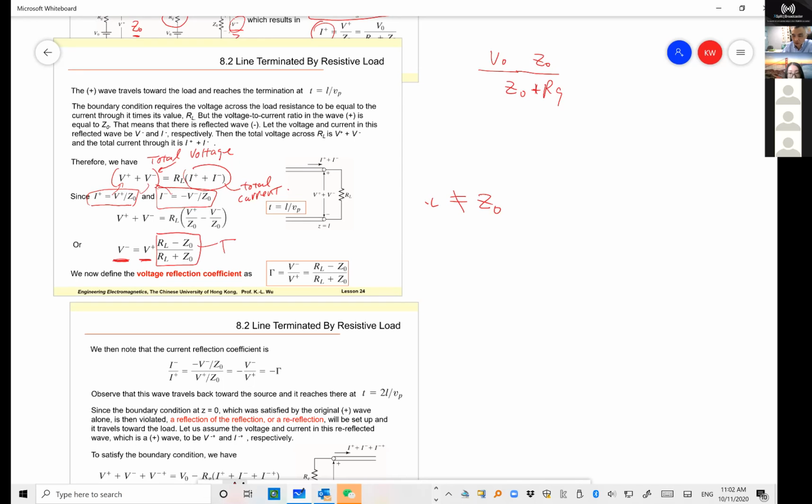This is a reflection coefficient. Do you recall what that is? This is exactly the same as we obtained for plane waves, right?